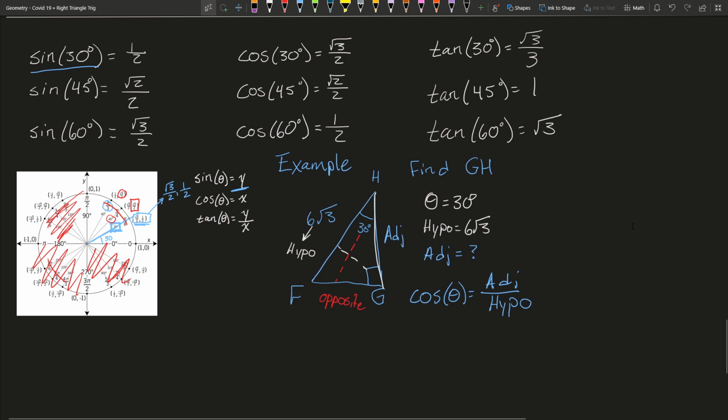All right, so theta in this case, that's 30. Adjacent, we don't know. And hypotenuse is 6 rad 3. Okay, and again, we can even substitute one more time because we know what cosine of 30 is given the values at the top of your screen. So we know that cosine of 30 is rad 3 over 2.